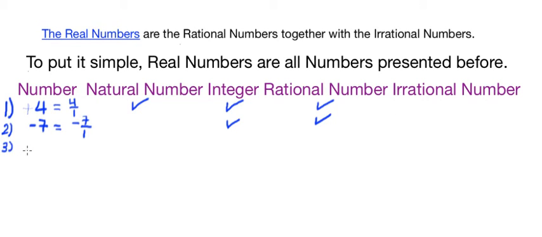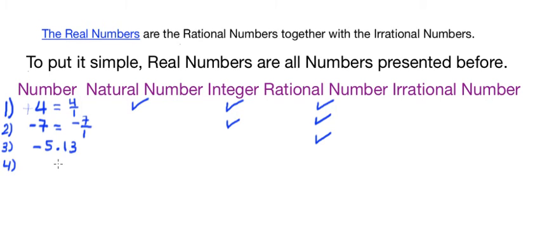Number 3, let's take a look at this, -5.13. Minus 5.13 is not a natural number. It is not an integer. It is a rational number because notice that when expressed as a decimal, this number ends. It's a terminating decimal. So terminating decimals are rational numbers.